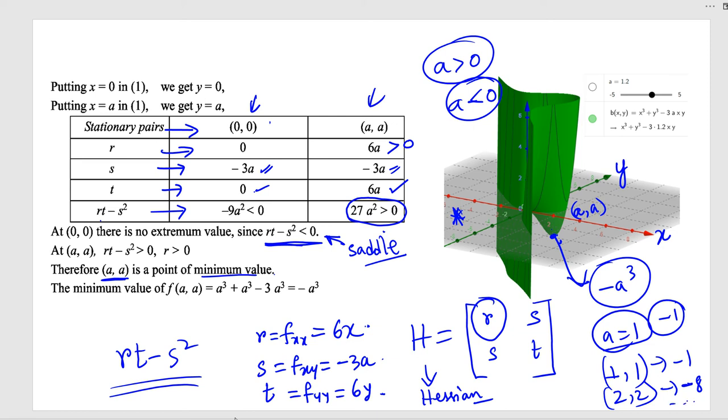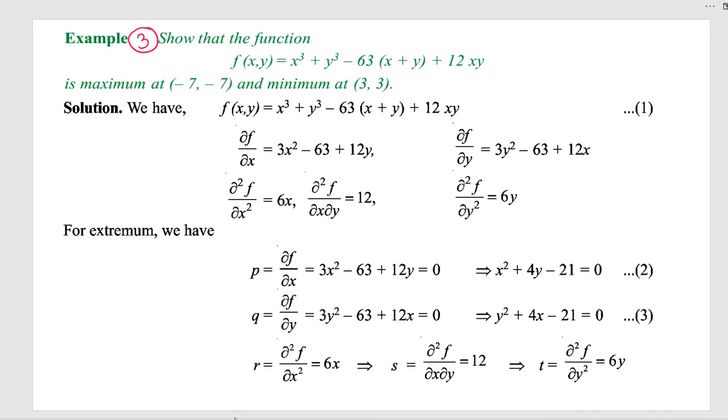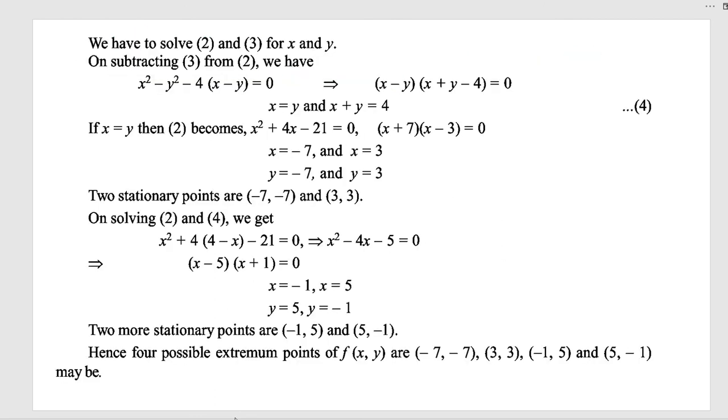So these two are worked out examples. Now I am giving you these results to verify as an exercise. We may have 1, 2, 3, 4 stationary points.